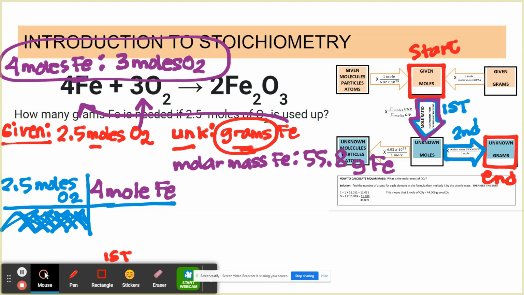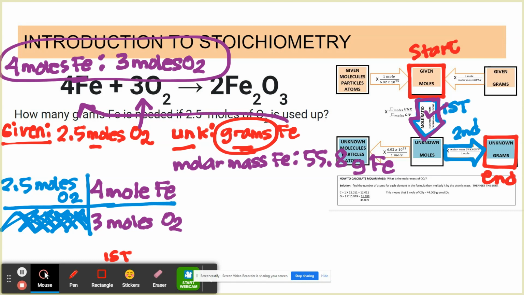So the bottom will be 3 moles O2. All right, step one done. All right, so let's put a check mark on step one just to make sure we're done. Step one done, check.